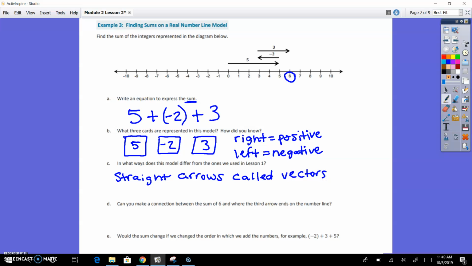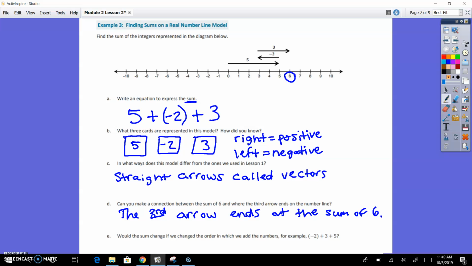Can you make a connection between the sum of 6 and where the third arrow ends on the number line? The third arrow ends at the sum of 6.